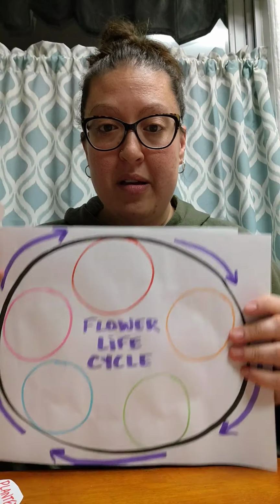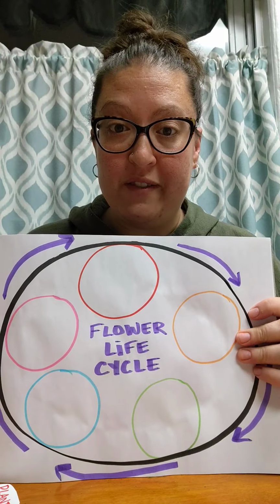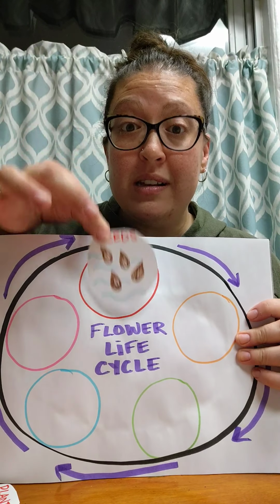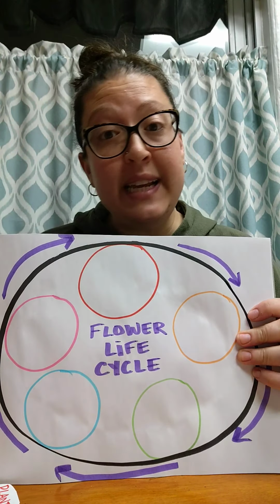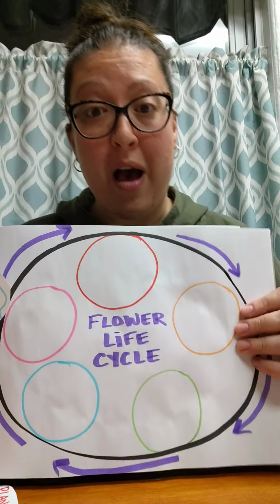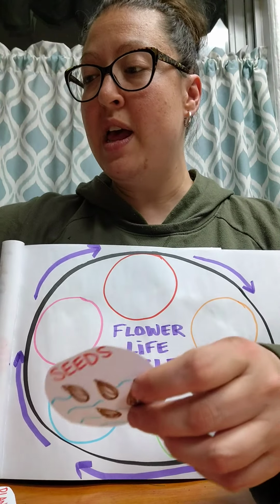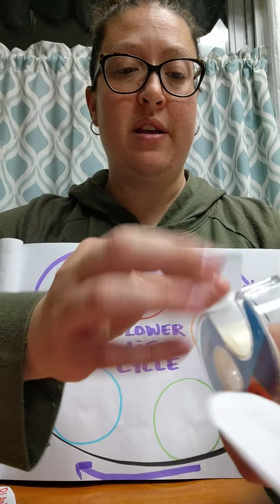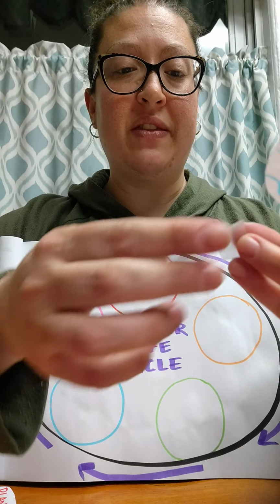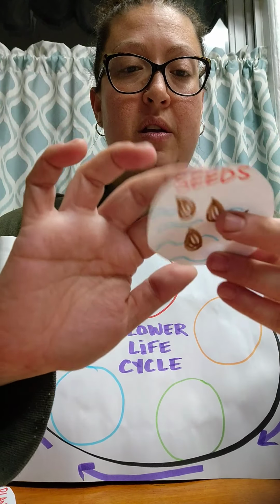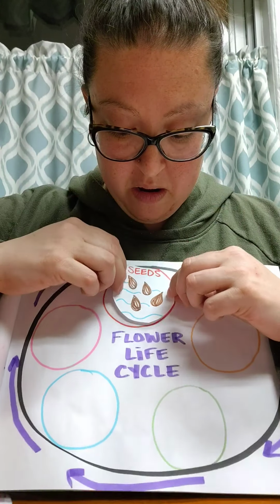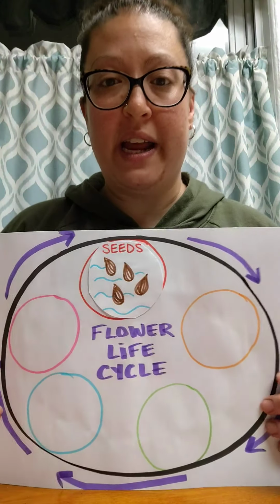And that is the first piece of our flower's life cycle. You need seeds. Without seeds, you cannot have a plant. So I'm going to put the seeds right at the top of our life cycle.